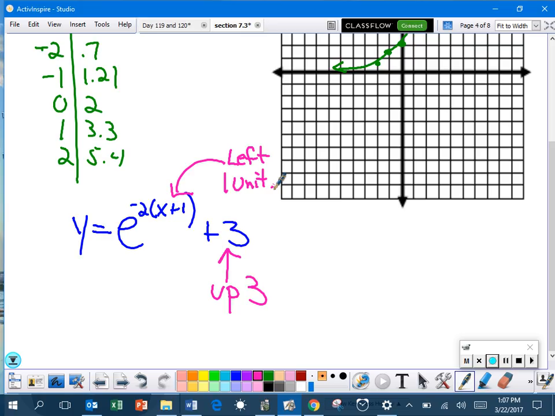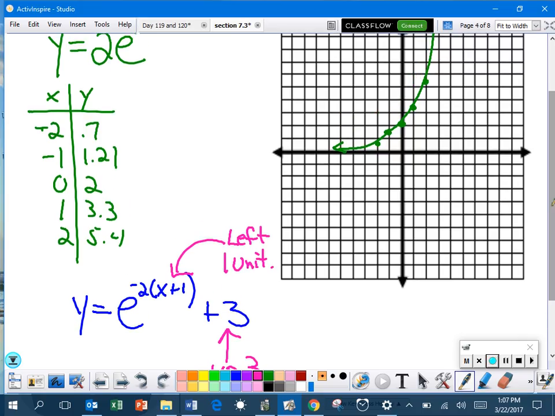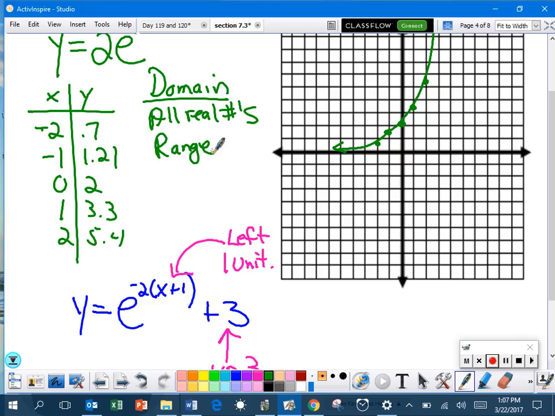Okay? Don't forget about range and domain. Going back to the original. Okay? First of all, we have the domain has not changed yet. The domain is still going to be all real numbers. That goes for both of them. The range for this one, again, you see that it's approaching 0.